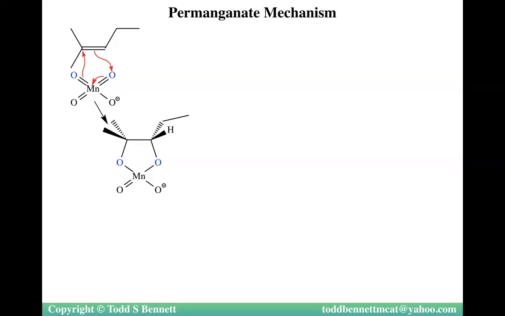So you now have delivered 2 O's to the same side. The Mn very much wants to release and be on its own. So instead of being MnO4, you're going to see it just come off as MnO2, and those H's are going to go there. These are going to undergo hydrolysis. Water is going to attack, in this case OH, and bring it there, basic mechanism.